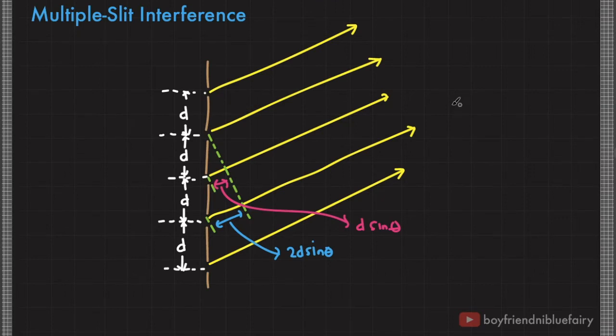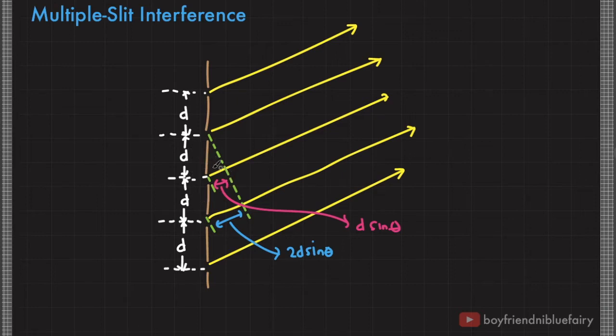This time, instead of having double-slit interference, we will now consider multiple-slit interference. So for example, let's focus on these three rays first. If at a particular angle theta, let's assume that with respect to this ray, the second ray has a path difference of d sine theta, and the third ray, with respect to the first ray, has a path difference of 2d sine theta.